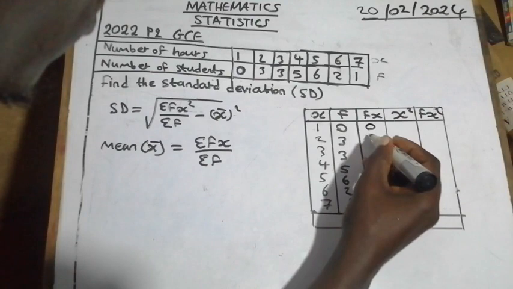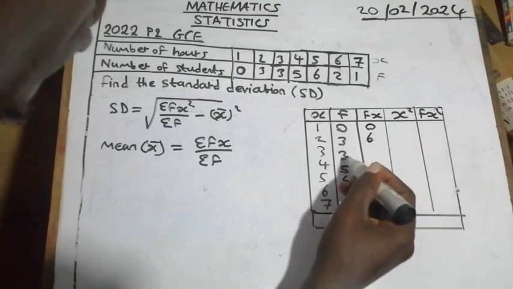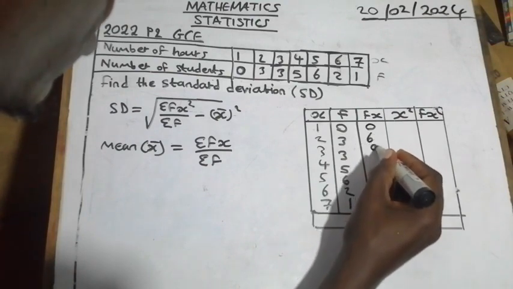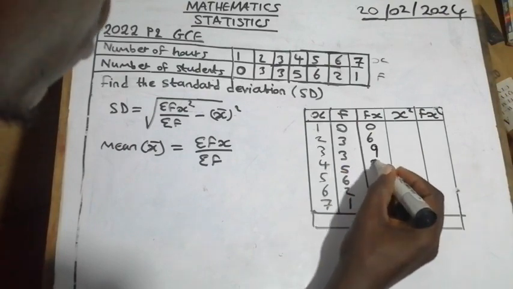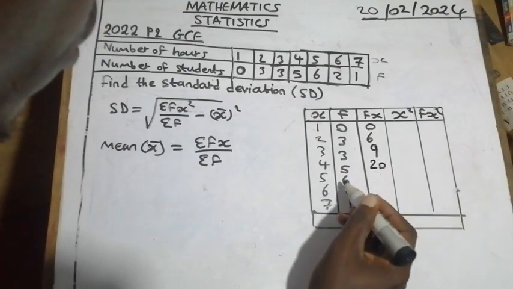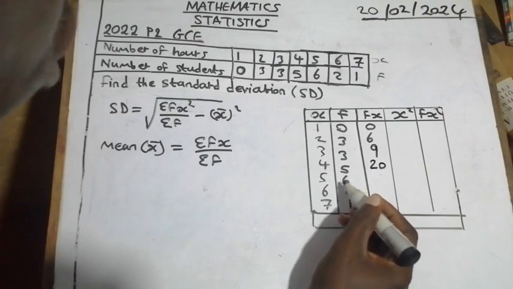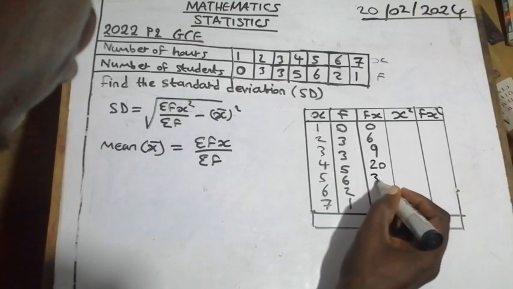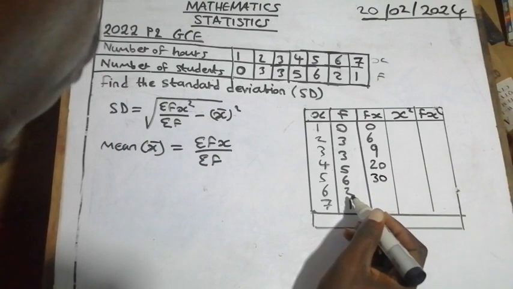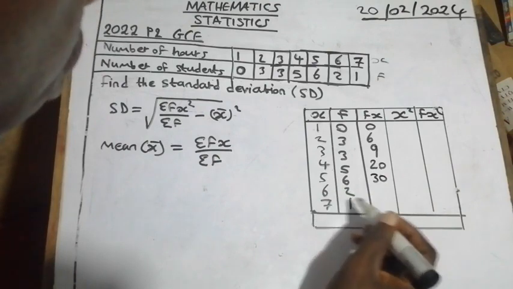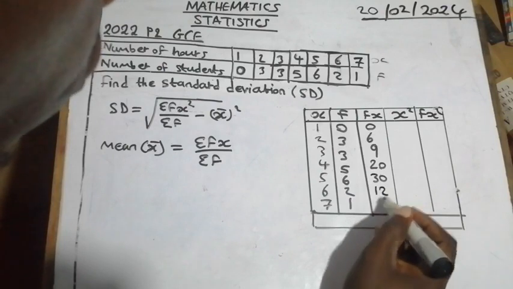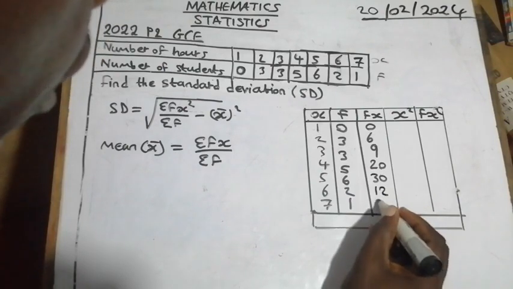Then 3 times 2, we get 6. 3 times 3, we get 9. Then 5 times 4, we get 20. Then 6 times 5, we get 30. Then 2 times 6, we get 12. 1 times 7, we get 7.